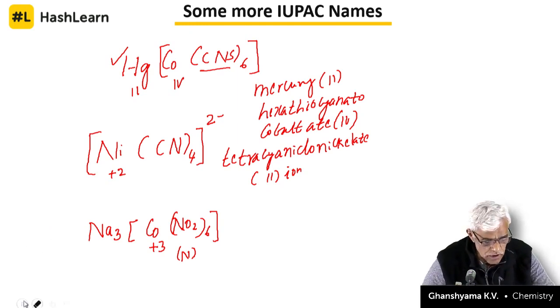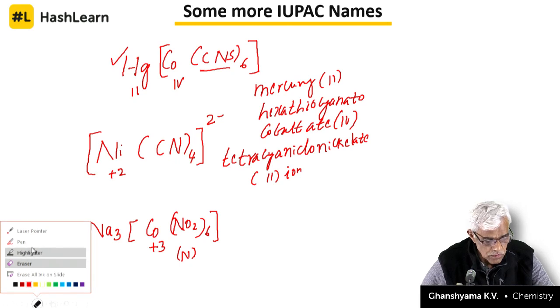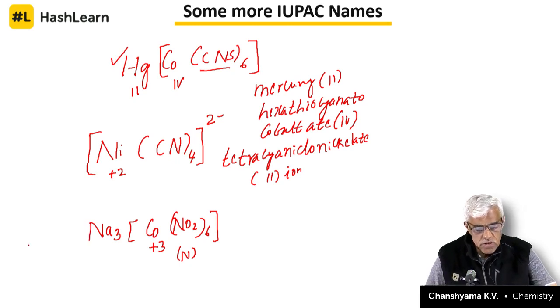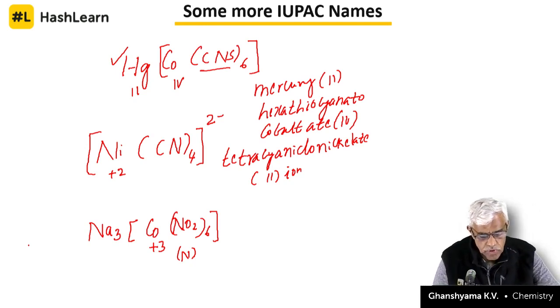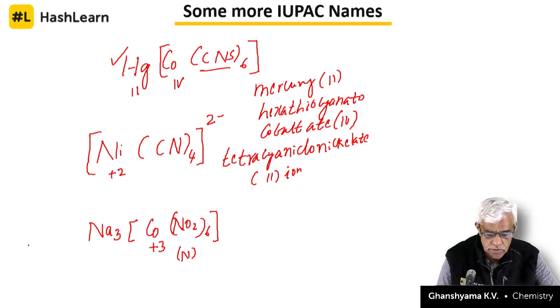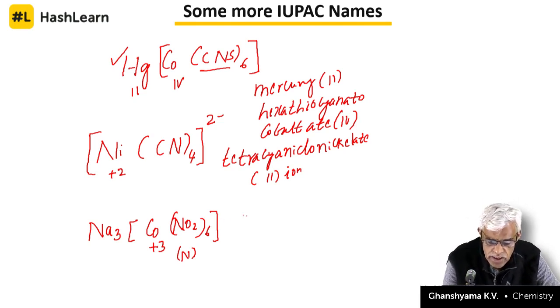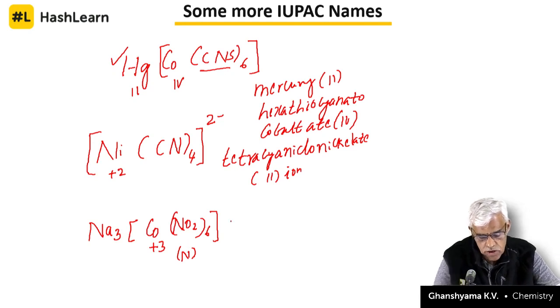Here the counter ion is sodium. This is sodium. So sodium, suppose it is NO2, sodium hexanitrito N. So this is N is connected to cobalt.